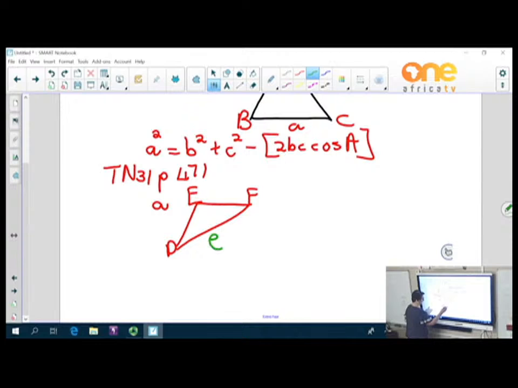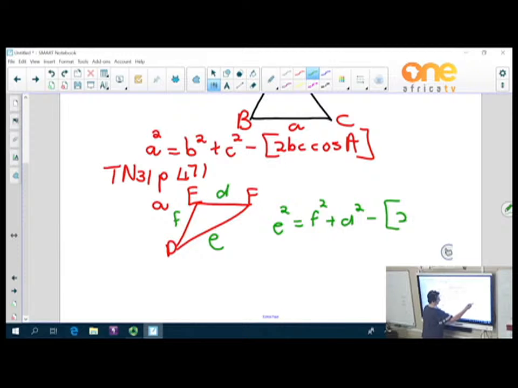So this will be e, this will be d, and this will be f, so that we just have those sides there. So for instance, if I want to calculate e squared now, it will be f squared plus d squared minus, in brackets, 2fd cosine E, and it's always back to this one, cosine E.